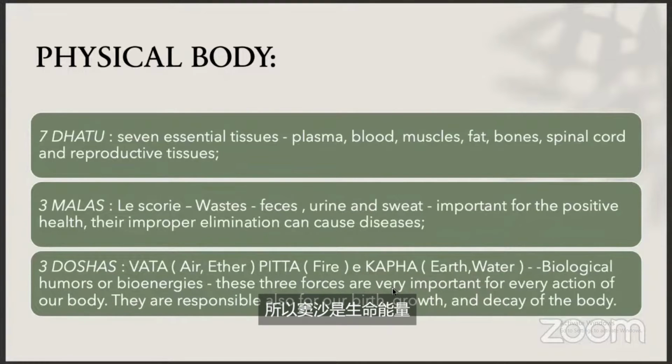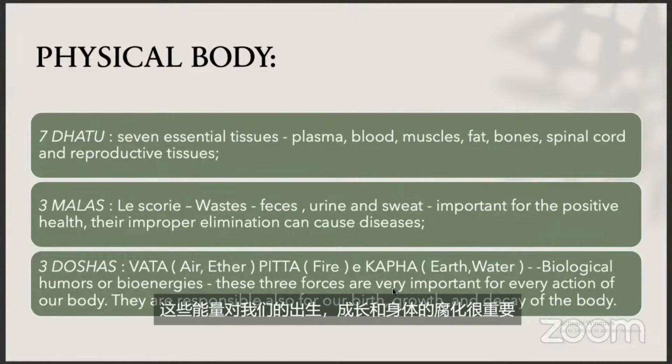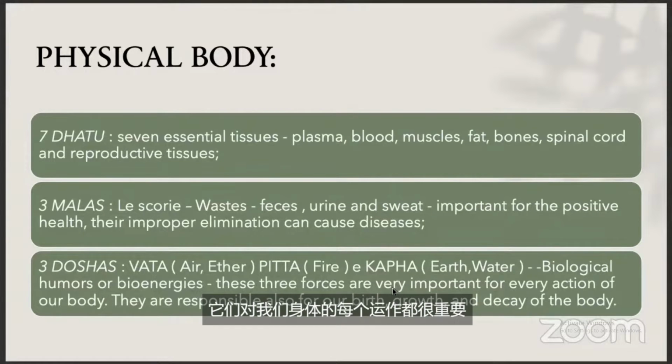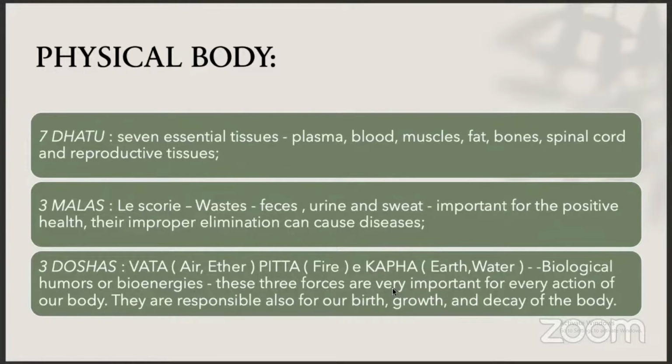The doshas are biological humors or bioenergies, and these forces are very important for our birth, for our growth, and also for the decay of our body. They are important for every action of our body.